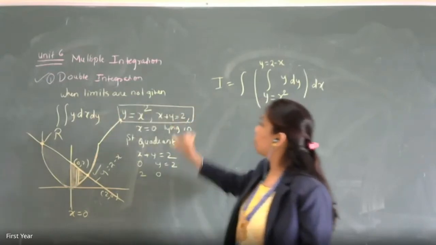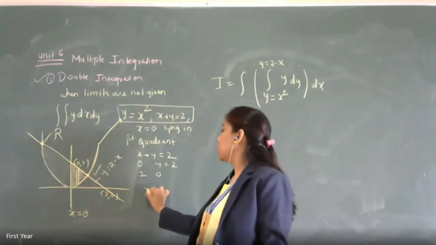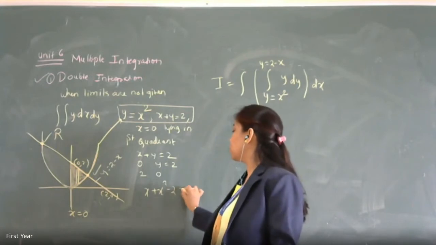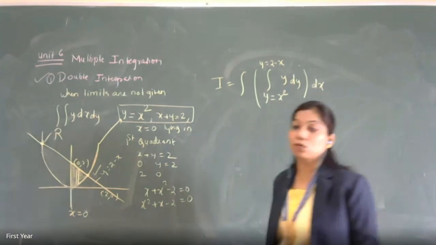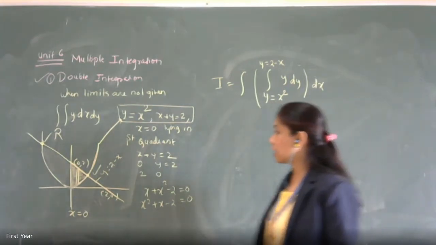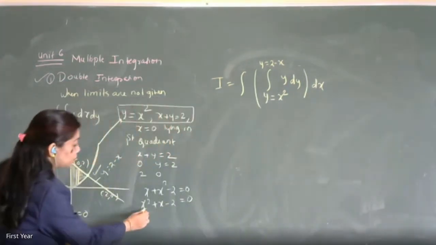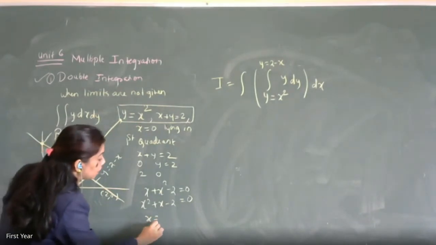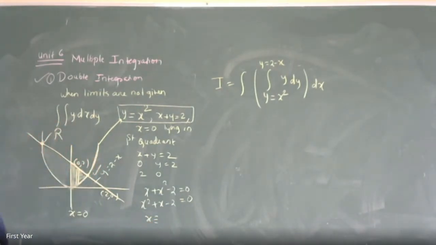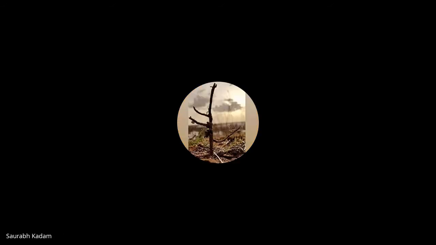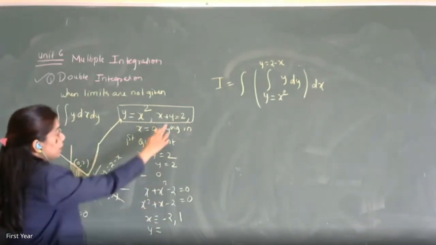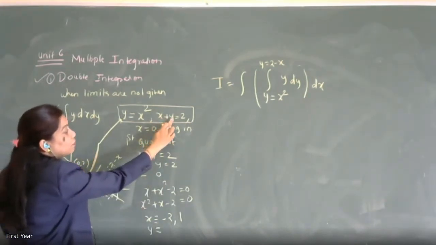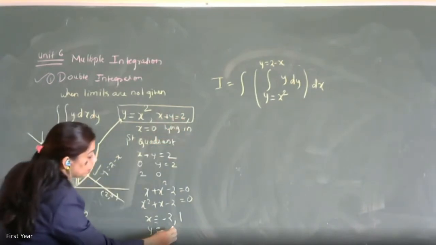It will become y is equal to x square है, तो x plus x square minus 2 is equal to 0, या फिर x square plus x minus 2 is equal to 0. इसके roots find करो. So that will give you x and then you will get the value of y. So what are the roots of this equation? X is either minus 2 or 1. Okay. So if this is the thing, then what is y? When x is minus 2, y is 4, correct now?